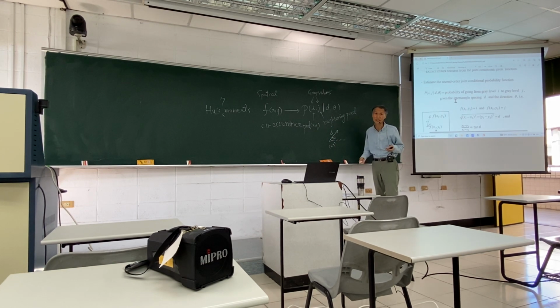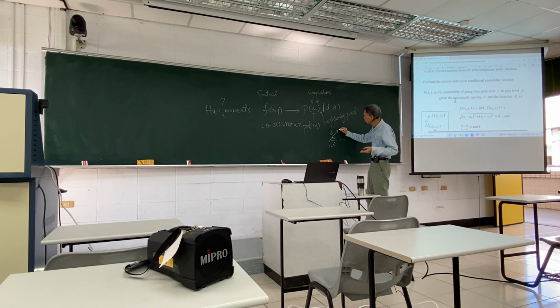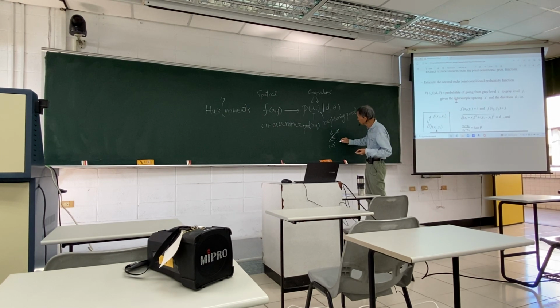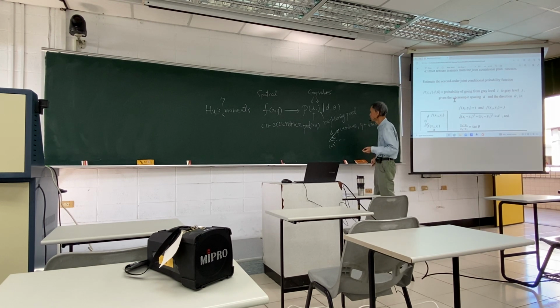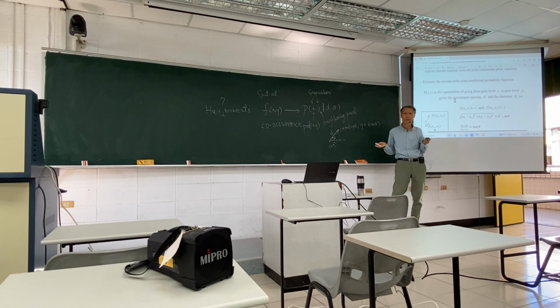So its neighboring point can be defined by x plus d cosine theta and y plus d sine theta. That's it.